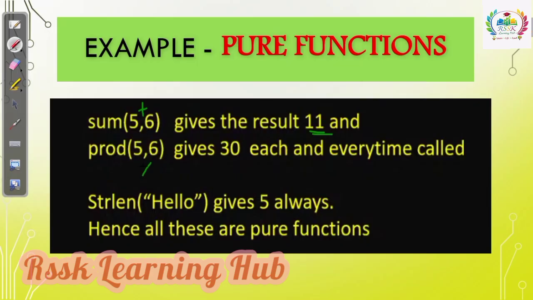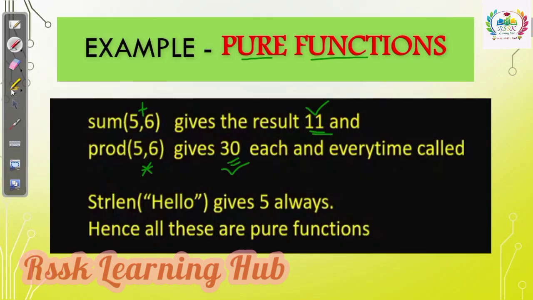What will happen? 5 into 6, so it will result in the value 30. So once you run the function sum of 5, 6, the output will be displayed as 11. If you run product of 5, 6, it will give the result 30 every time. Hence these all come under pure function.